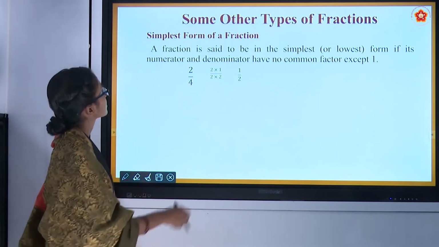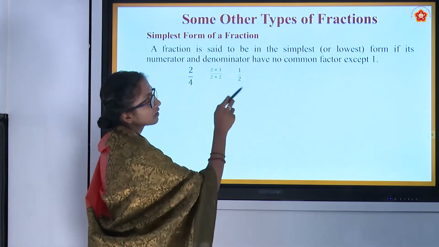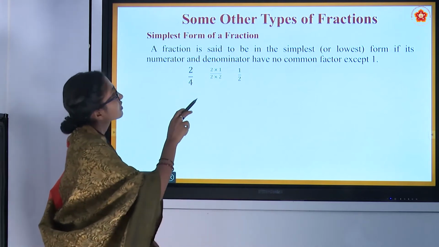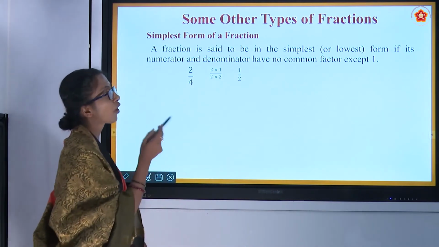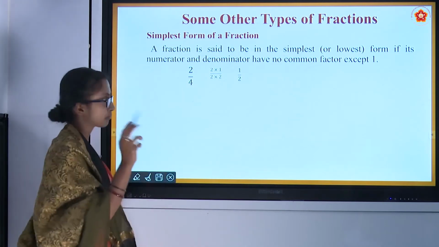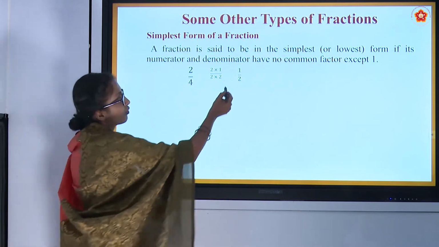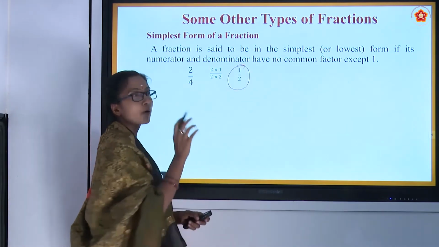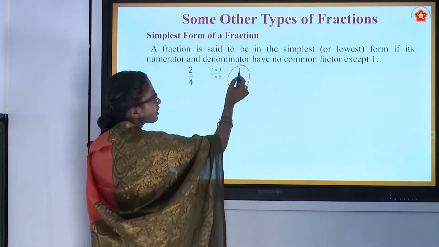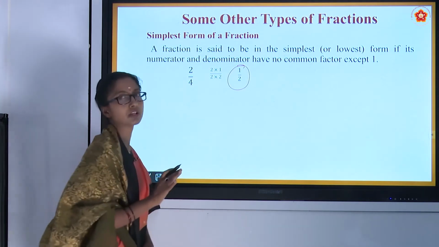A fraction is said to be in the simplest form or lowest form if its numerator and denominator have no common factor except 1. Now 1 by 2 doesn't have any common factor. There is no common table in which 1 and 2 will both come. Only 1 1 is the table, right?